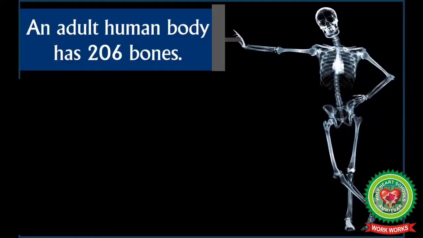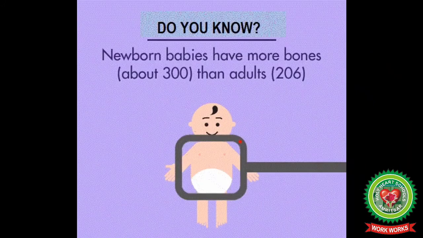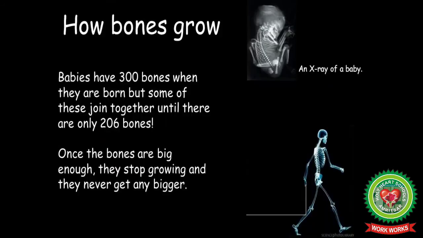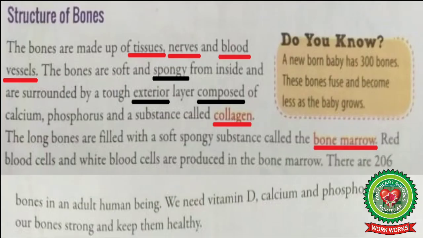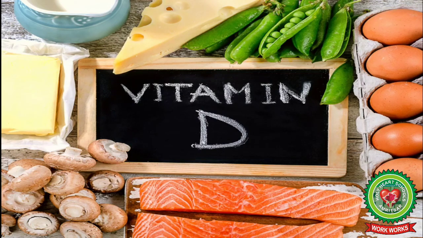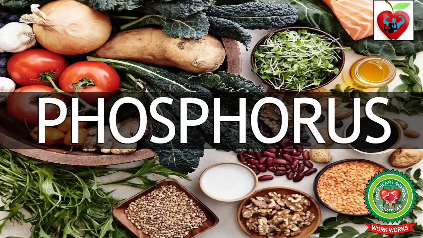Students, there are 206 bones in an adult human being, and do you know, a newborn baby has 300 bones, and these bones fuse together and form long bones as the baby grows and become less in number with age. Students, for strong and healthy bones, we should eat a diet rich in vitamin D, calcium and phosphorus.